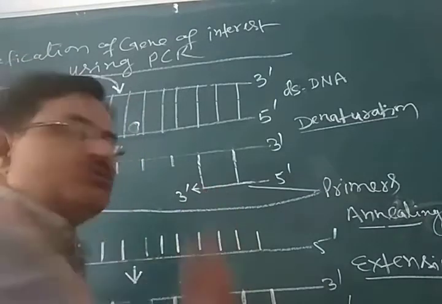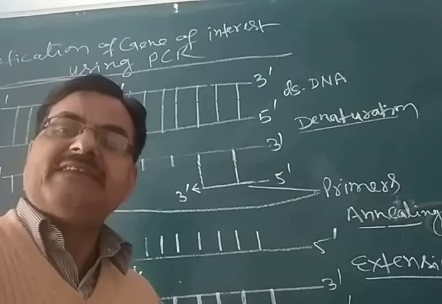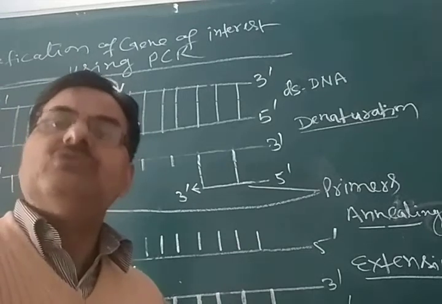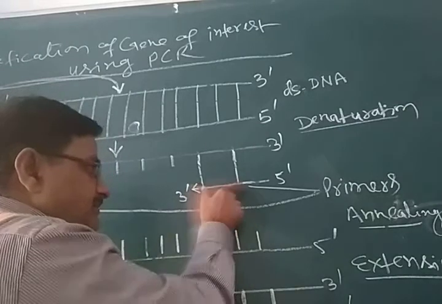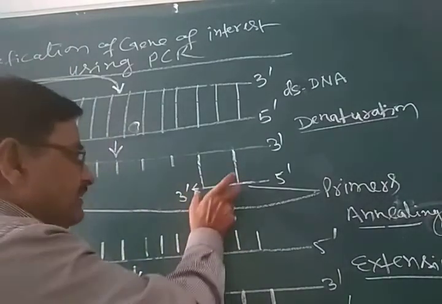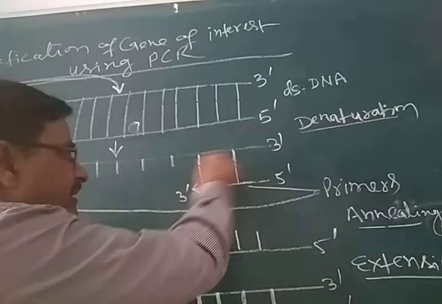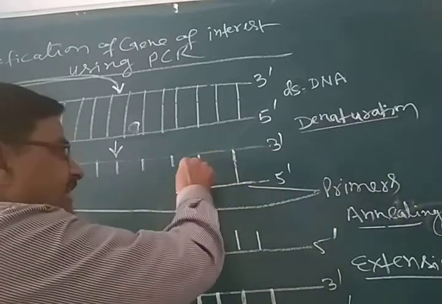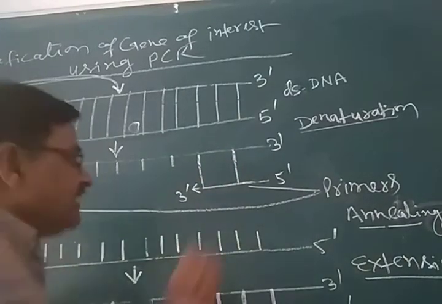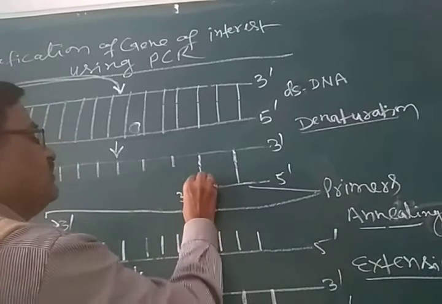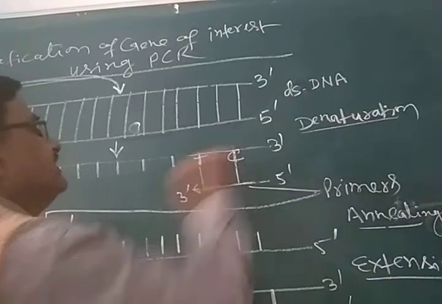Primers are short segments of DNA or RNA which are chemically synthesized, mainly oligonucleotides, and that piece of DNA or RNA which we call the primer is complementary to the nucleotides present in the template strand. What is the meaning of this? Suppose in the template strand there is thymine, and there is cytosine.